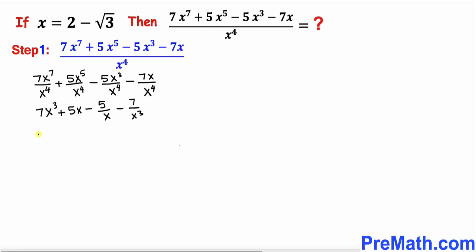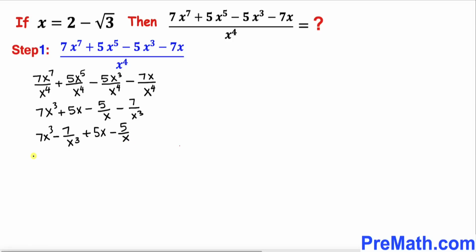So therefore I can write 7x^3 minus 7 divided by x^3 plus 5x minus 5 divided by x. And now we can see that 7 is common between these first two terms, and 5 is common between these last two terms.